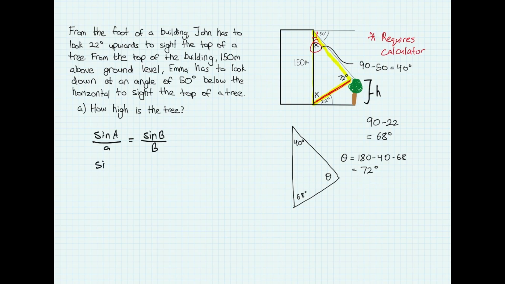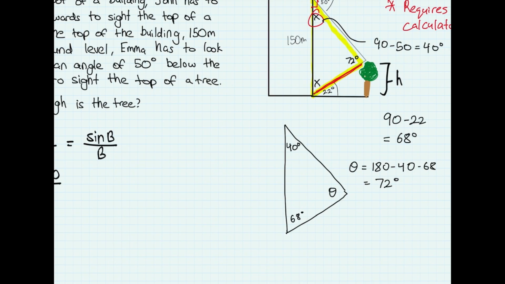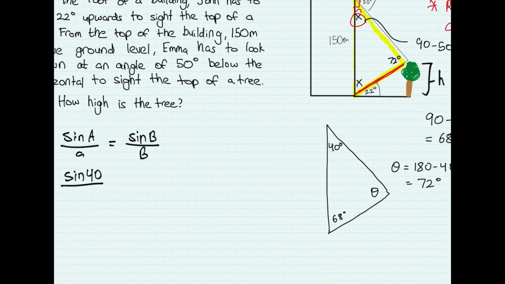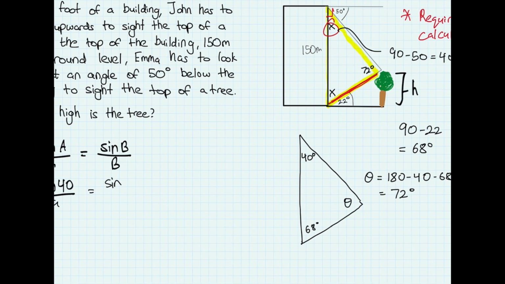So we'll say sine 40 divided by A, and A is going to be the opposite side. But as you can see, the side opposite to 40 degrees is what we're trying to find. So we'll leave that as A, is equal to sine B. And we'll make B the 72-degree angle that we just found.